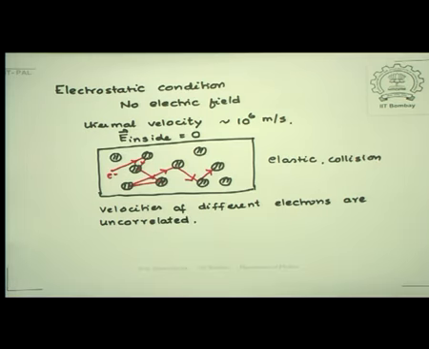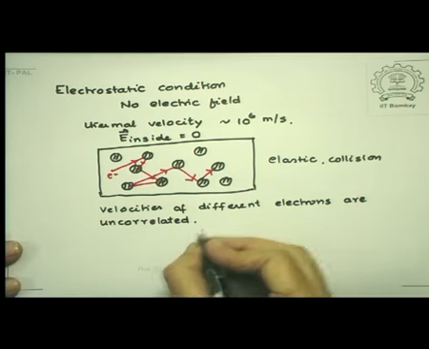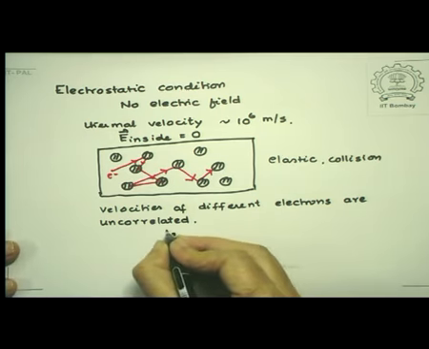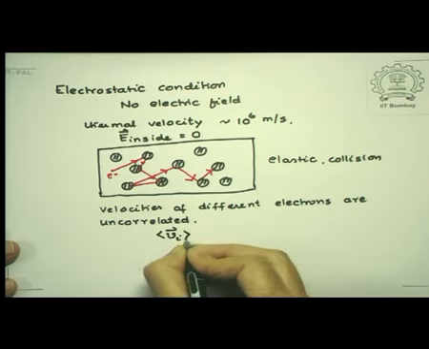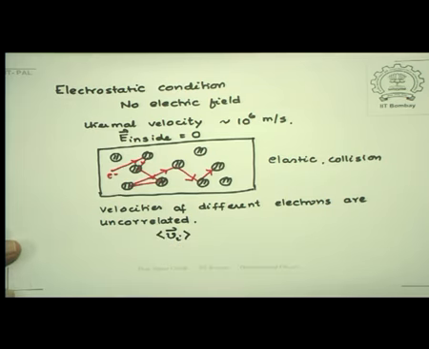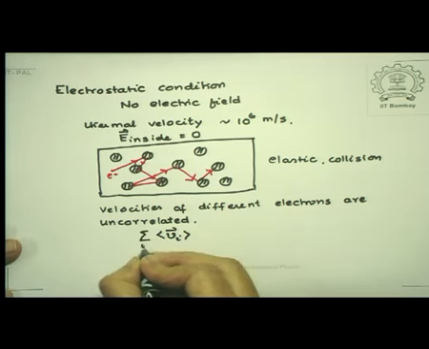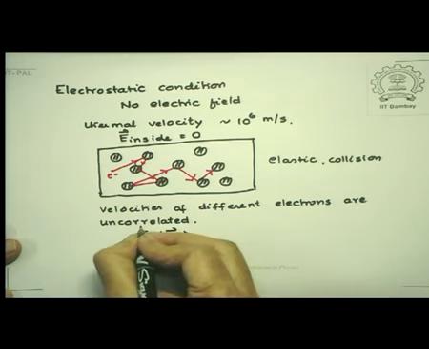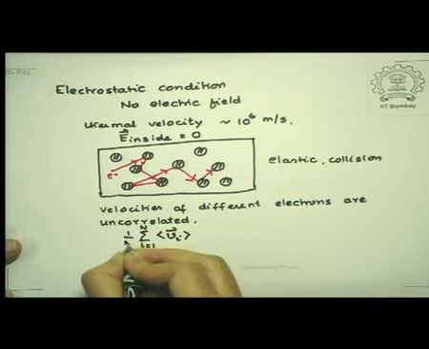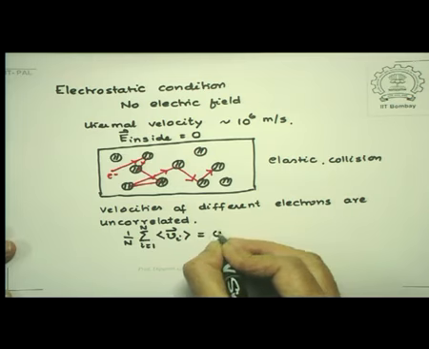Now as a result, supposing I say that Vi, let me put an average sign here, represents the average velocity of the ith electron. If I sum it over i equal to 1, 2, let's say n number of particles are there, so 1 over n times the sum, this is equal to 0.